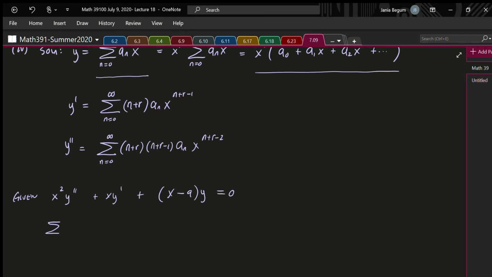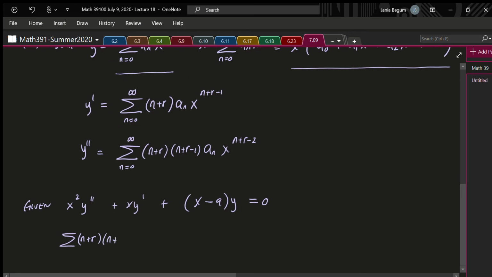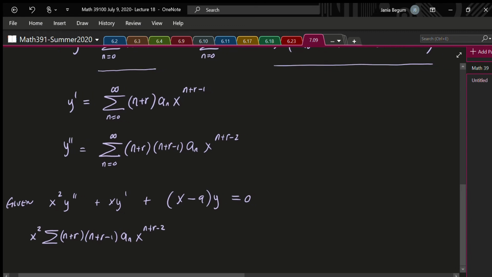So I'm going to happily ignore the indexing and just write out the sum (n plus r) times (n plus r minus 1) a_n x to the n plus r minus 2, and I have an x squared in the front. For the second term, we have x times the first derivative, so that's going to be (n plus r) times a_n x to the n plus r minus 1.